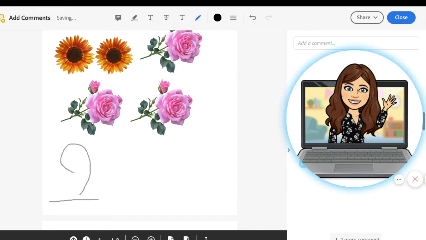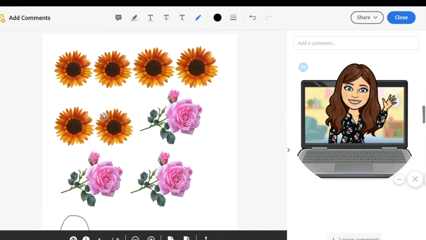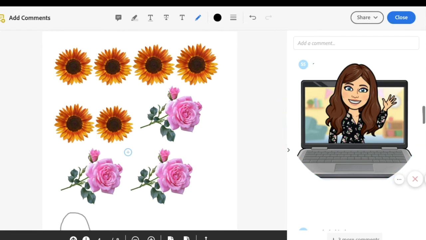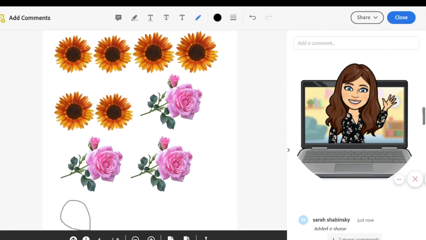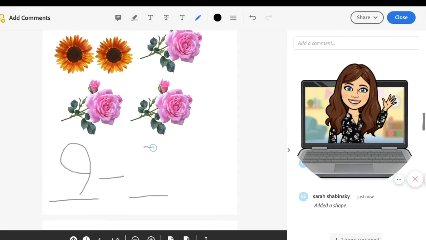Good job. And then we'll do the minus sign to symbolize that we're taking away this second number that goes here. How many sunflowers did we hear Shelly had, Keeble Cubs? That's right. Shelly has 6 sunflowers.